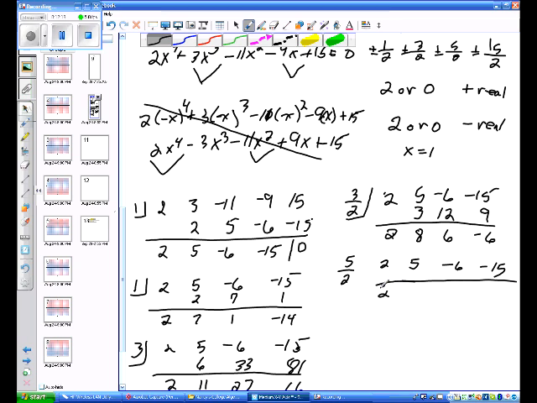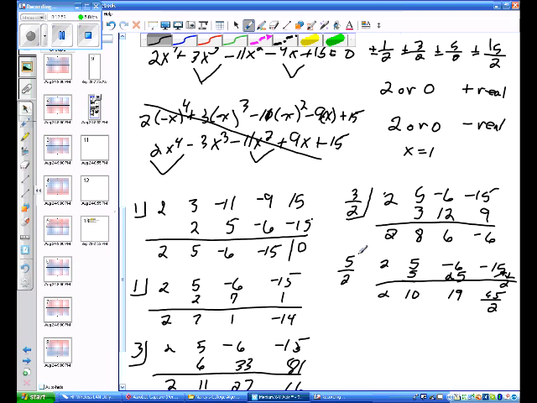Okay, half of 2 is 1 times 5 is 5. Half of 10 is 5 times 5 is 25. Now, we can't take half of 19 exactly, and so there's no way that it's going to end up being positive 15. So that's not going to be a 0. If you wanted to go ahead and finish that part up, it would actually be 95 halves, which combined would give you 65 halves.